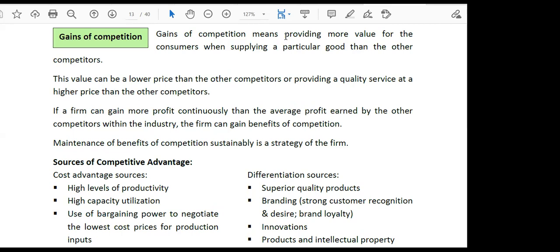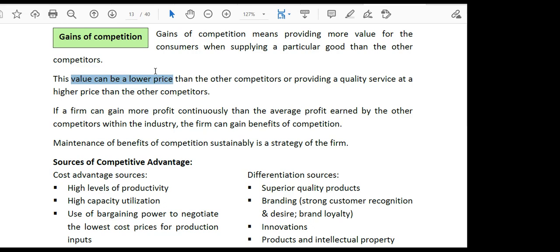For example, let's say you all are coming to my econ class, so you believe that I am providing more value. Now, how can I provide more value? One way is that, compared to the other teachers, I am charging a lesser price. I'm also teaching exactly the same thing as every other teacher. The tute is the same, the teaching style is the same, everything is the same, but I am charging a lesser price. So maybe because of that, I am providing more value.